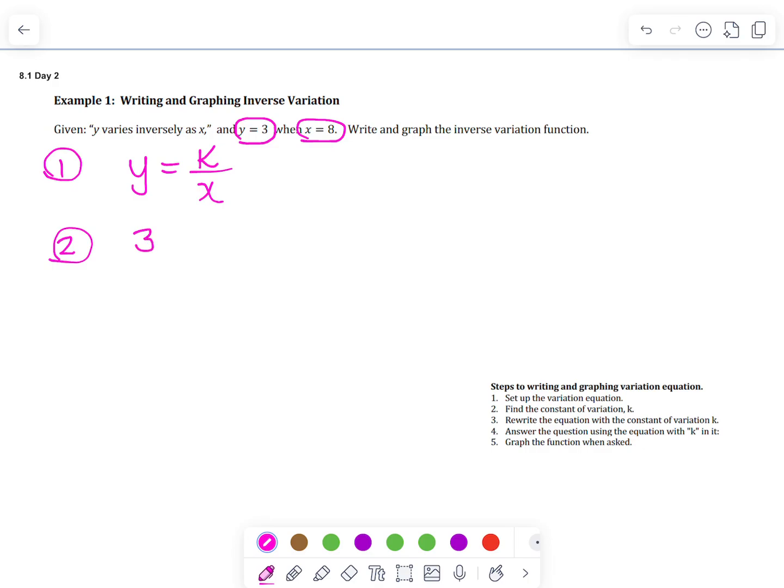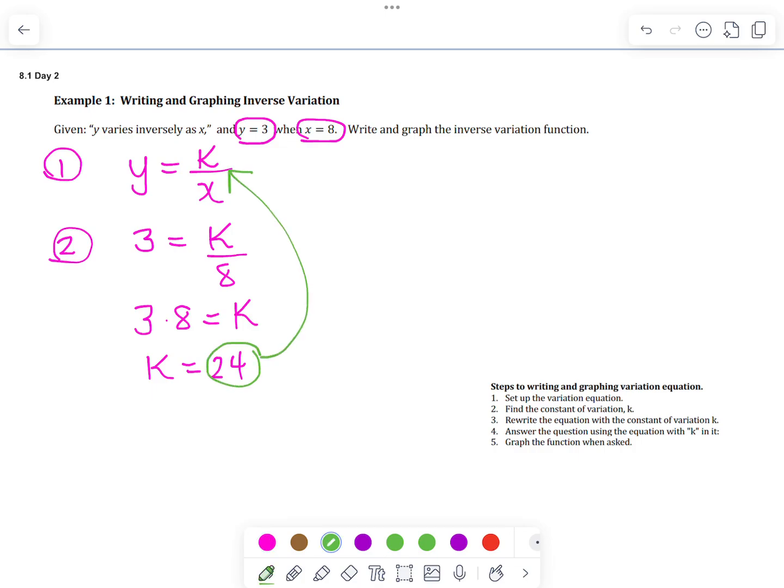So y is 3, x is 8, and then we solve this for k. We multiply both sides by 8. So k equals 24. Then step 3, we substitute the 24 in for k. So y equals 24 over x.